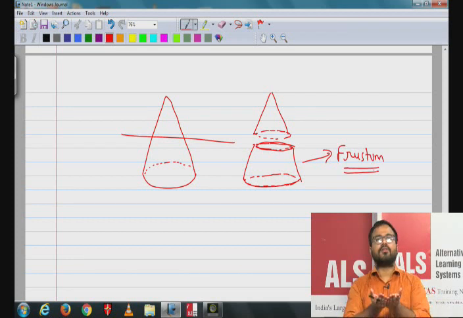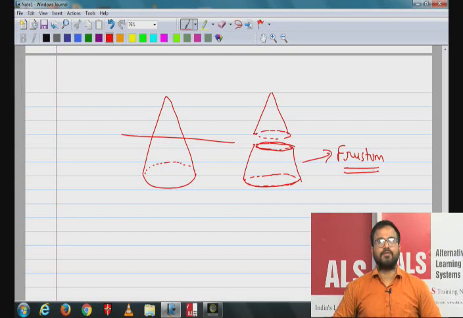The lower part of the pyramid, when the upper part is removed, is called the frustum. This is the shape of the frustum.